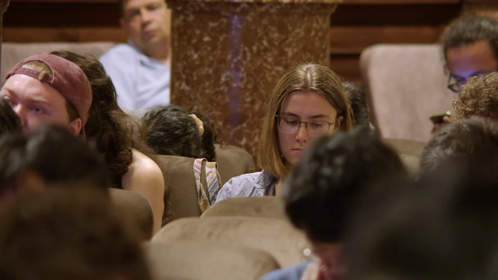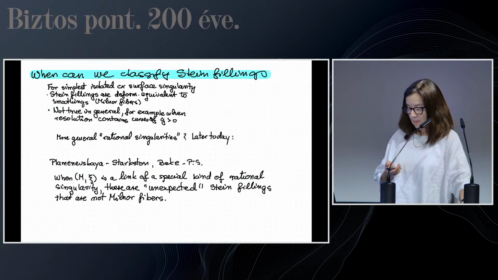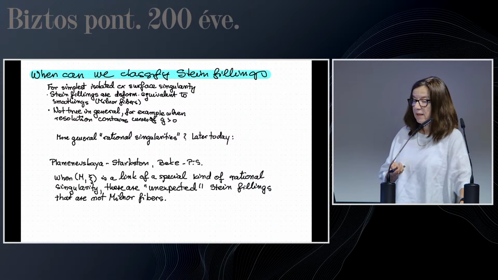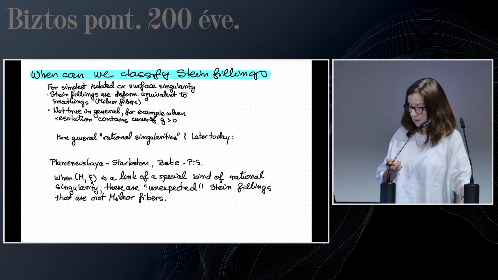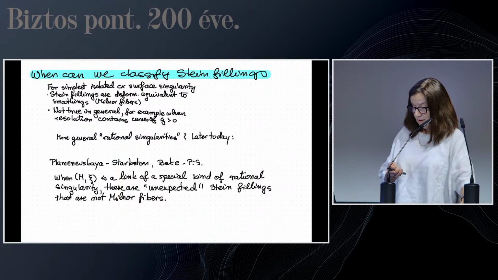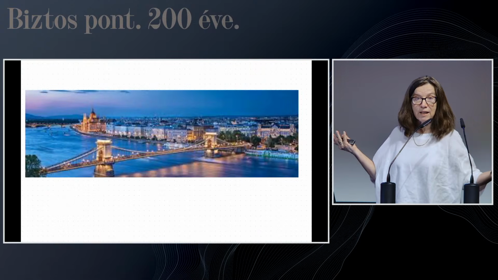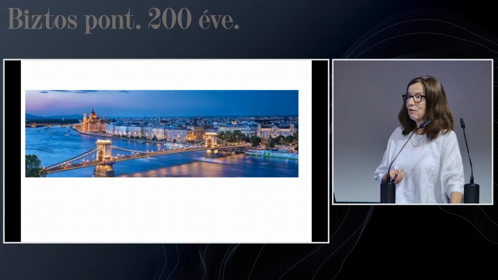Plamenevskaya and Starkston, and Bhupal and Plamenevskaya, and Starkston analyzed special kinds of rational singularity links and found Stein fillings that are not Milnor fibers, and I think we're going to hear about that later today too. So I'm done early, so we have more time for coffee. This is the panorama of Budapest this time, and thank you again.